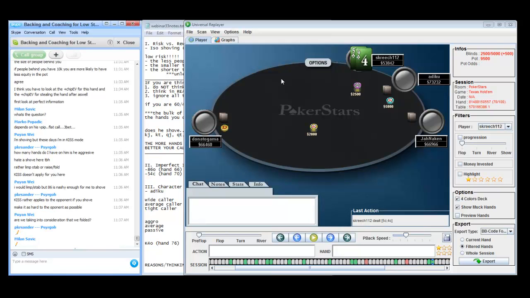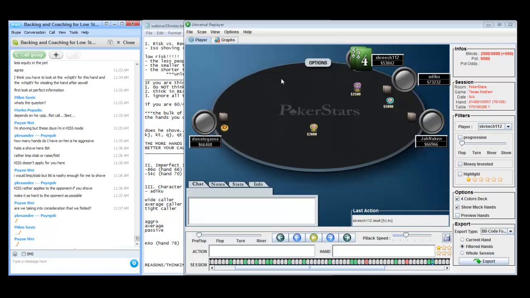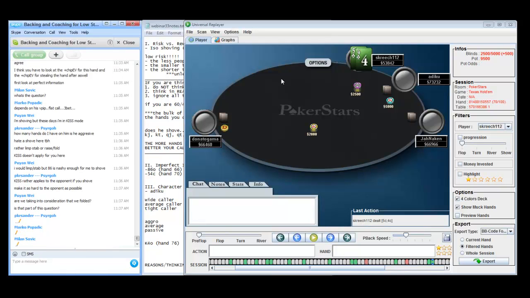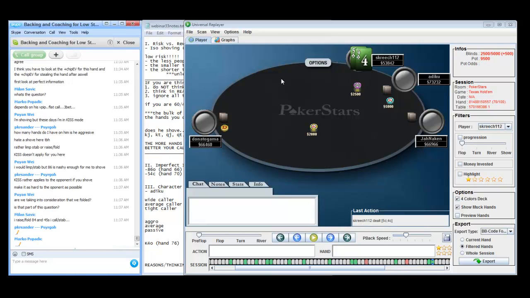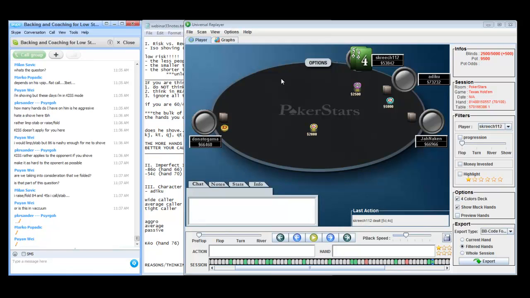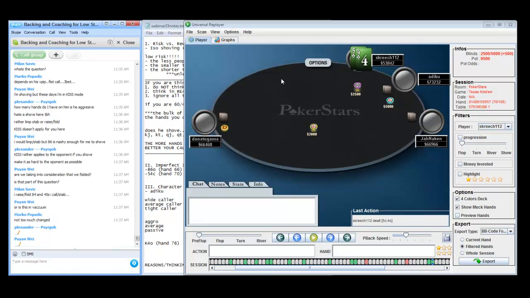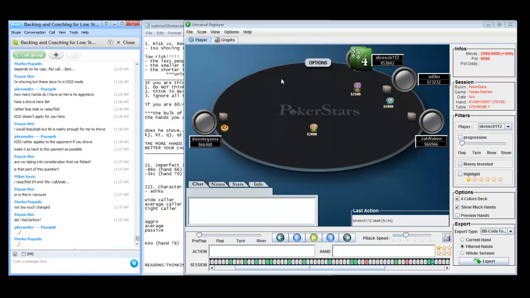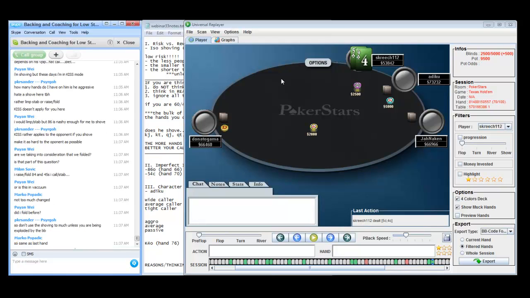You could take into consideration that you folded. Just a question. What do you do here? Yes. Good question. You did end up folding before, if that helps you at all.